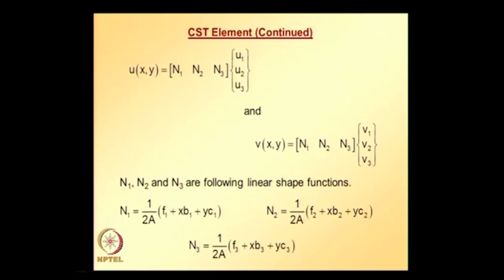Here you can see some intermediate coefficients are defined, f, b and c. So, f1, f2, f3, b1, b2, b3, c1, c2, c3 can be calculated based on the information of nodal coordinates of that particular element, where here also there is another quantity capital A, which is nothing but the area of the triangle, which also can be found once we know the nodal coordinates.